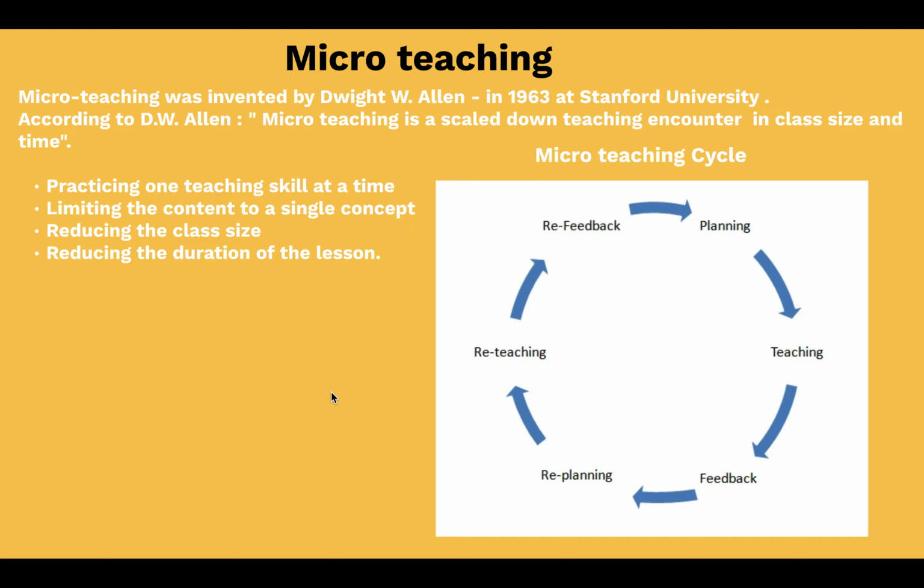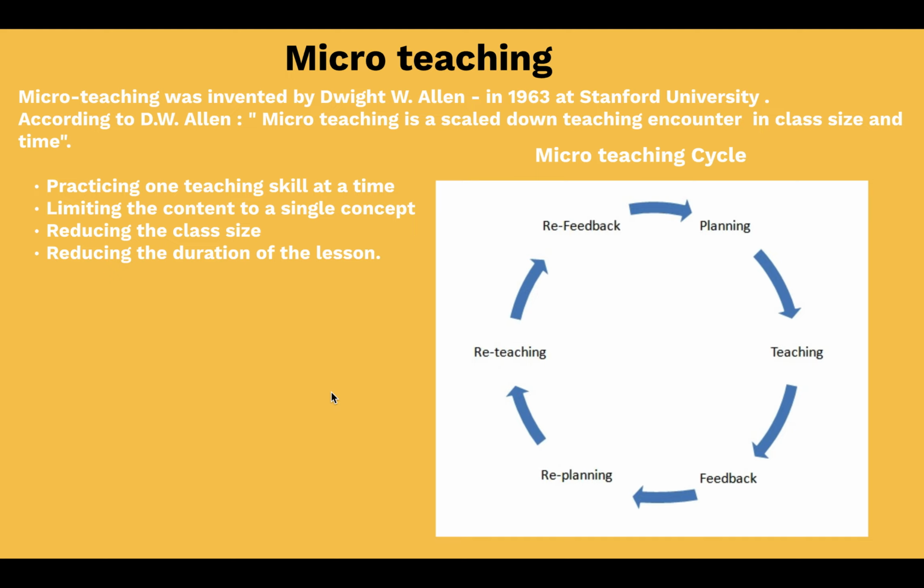In a classroom we know that there are different skills, right from introducing the lesson to explaining, then stimulus variation. We have plenty of skills that we use in a classroom. A classroom is not all about a teacher entering, continuously speaking, and then leaving. That's not how it works.